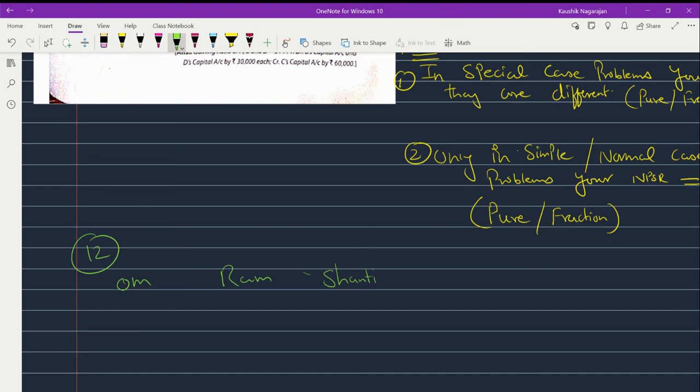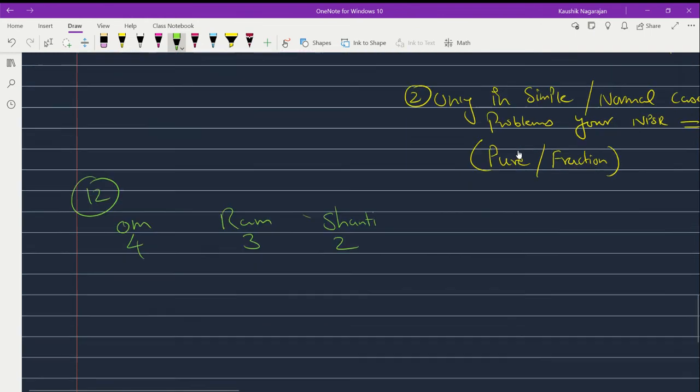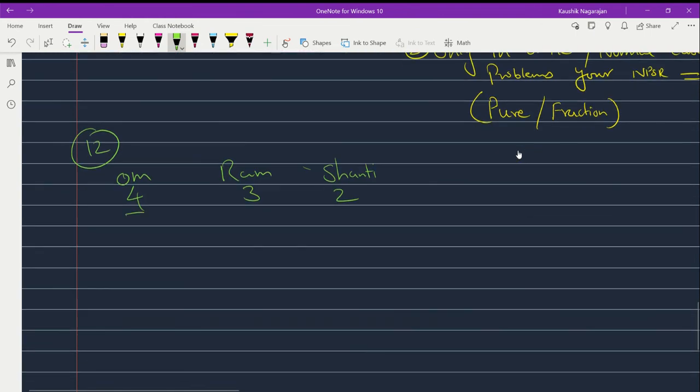So write PSR 4, 3, 2, which means 4 plus 3 is 7, 7 plus 2 is 9. 4 by 9, 3 by 9, and 2 by 9. I'm sorry, this is not the 12th problem, this is the 11th problem. Thank you for reminding me.